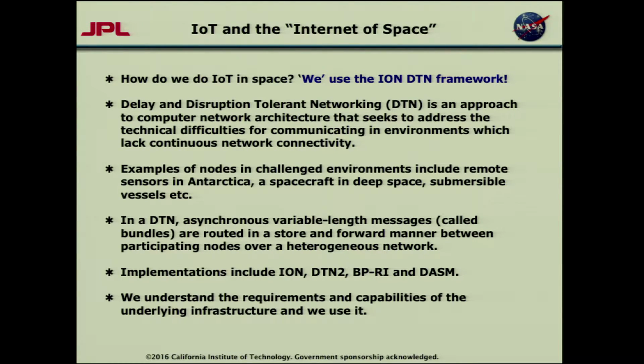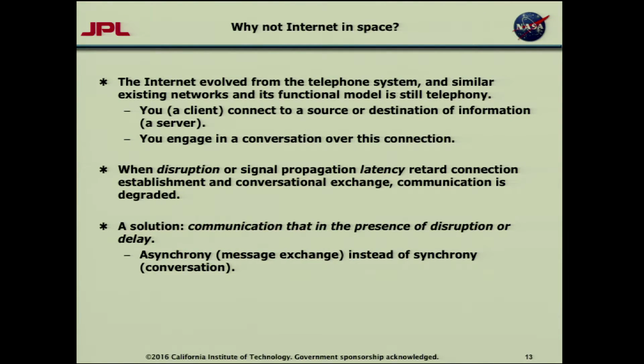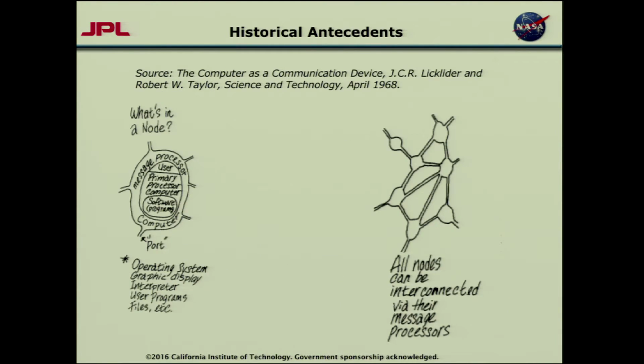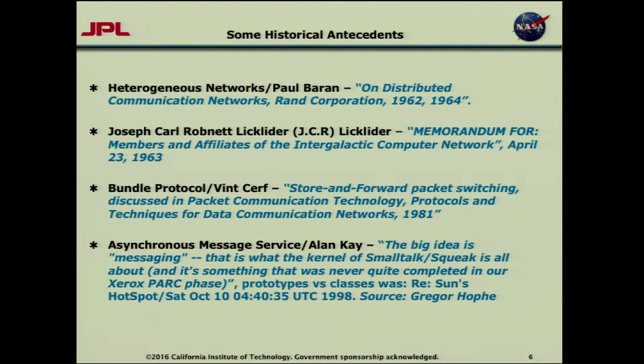So in DTN, you have asynchronous variable length messages called bundles, which are routed in a store and forward manner between participating nodes over a heterogeneous network. So that kind of sounds familiar. If you go back, it sounds something like store and forward packet switching and intergalactic kind of stuff.